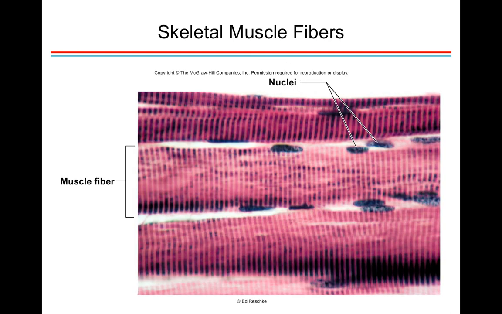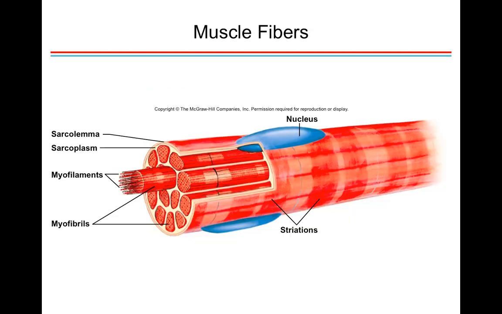So striated skeletal muscle, these striations are basically indicated by the stripe-like phenomena, and this again is one muscle cell. Look at how many nuclei. There's a lot of nuclei in this one muscle cell. Here's another muscle cell, another one. And what these striations represent are sarcomeres, which are basically units of cytoskeletal filaments that have the ability to contract.